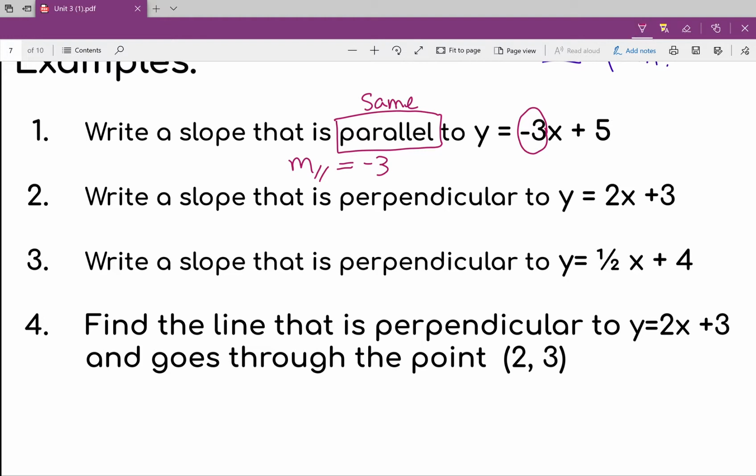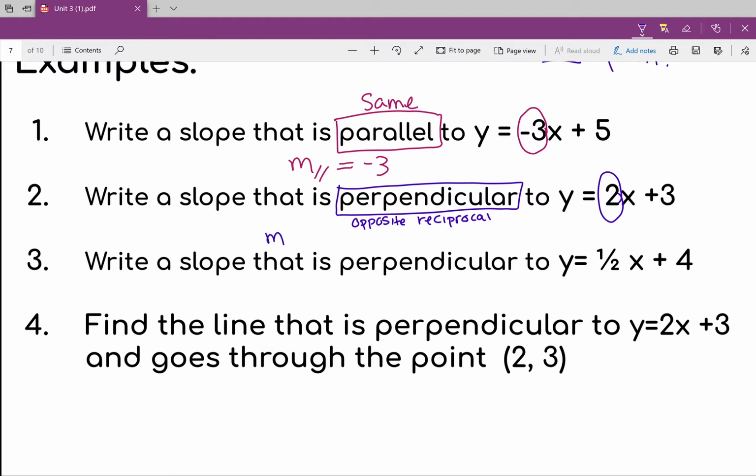Okay, let's look at example 2. It says write a slope that is perpendicular to y equals 2x plus 3. Remember, perpendicular means opposite reciprocal, which just means the sign changes and the fraction flips. The slope of y equals 2x plus 3 is 2. To find the perpendicular slope, we first change the sign. 2 is positive, so we write negative.